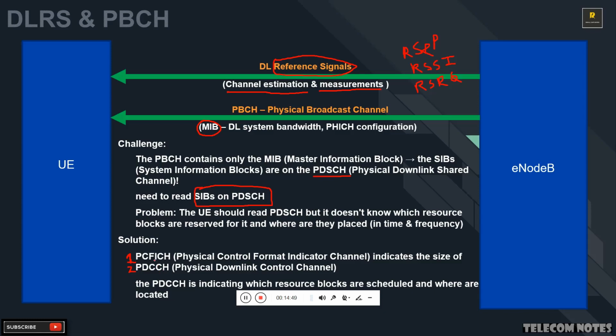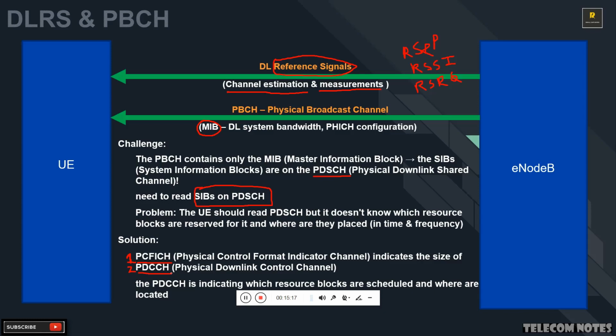That means from PCFICH we'll get to know the size of PDCCH, as it covers up to a maximum of 3 symbols. It can carry 1, 2 and 3 symbols differently.